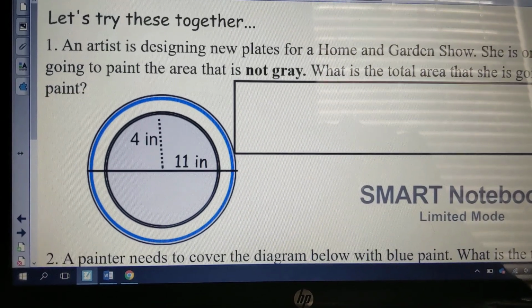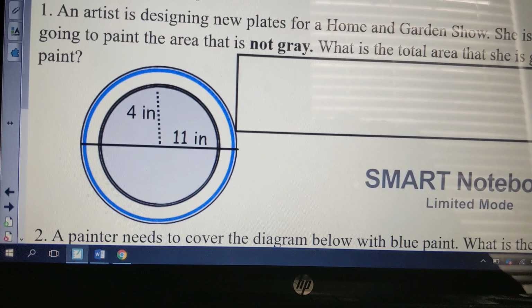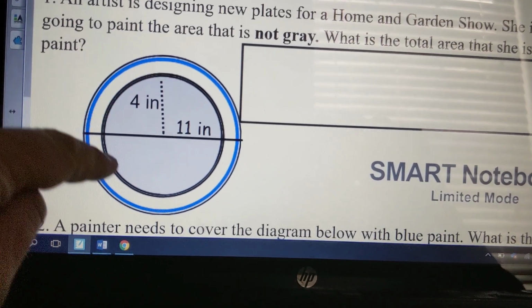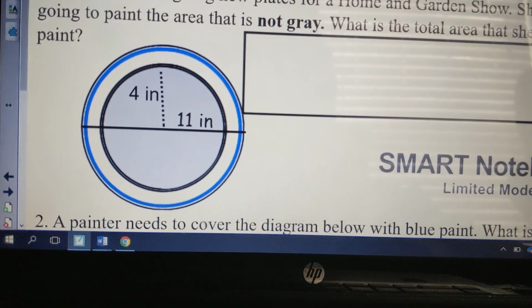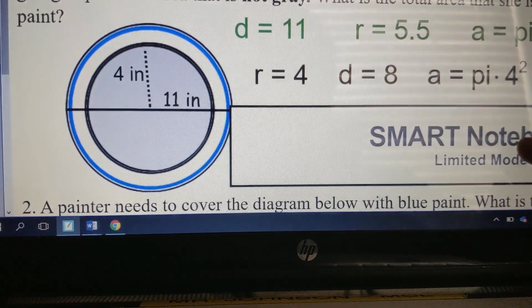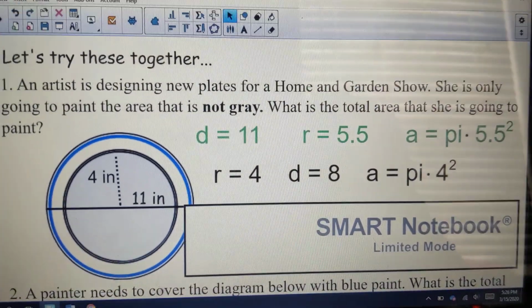When I'm thinking about the larger circle, I see that 11 goes all the way across. So that must be the diameter. In my inside gray circle, I see it has a radius of 4. So the first thing I'm going to think about is getting the information from my two circles.